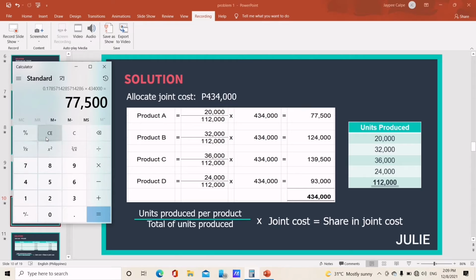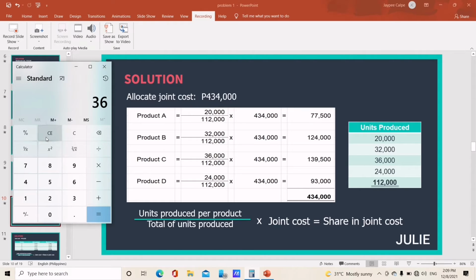Then we will get 77,500 as the share in joint cost for product A. For product B, 32,000 divided by 112,000. We have the ratio multiplied by 434,000. We will get 124,000 as the share in joint cost for product B.